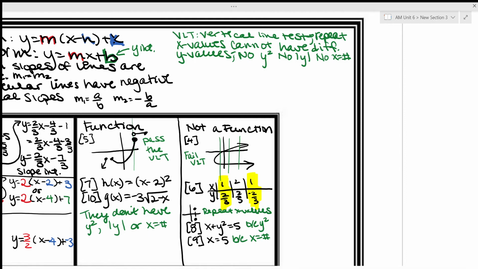Okay. Should we just keep going right down the list? Domain 11 and 12? Okay. So I do want to write a little something in the margin about domain. When I record, it looks kind of funky.